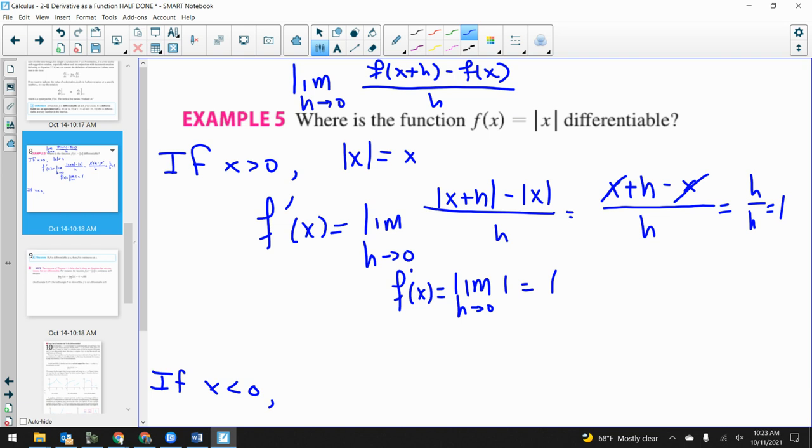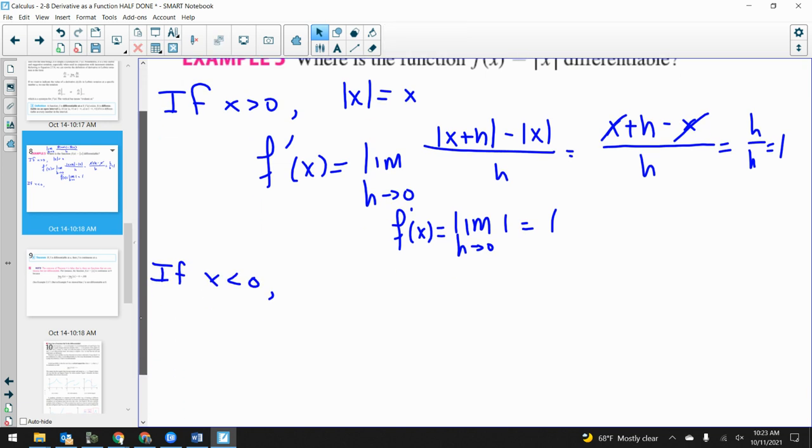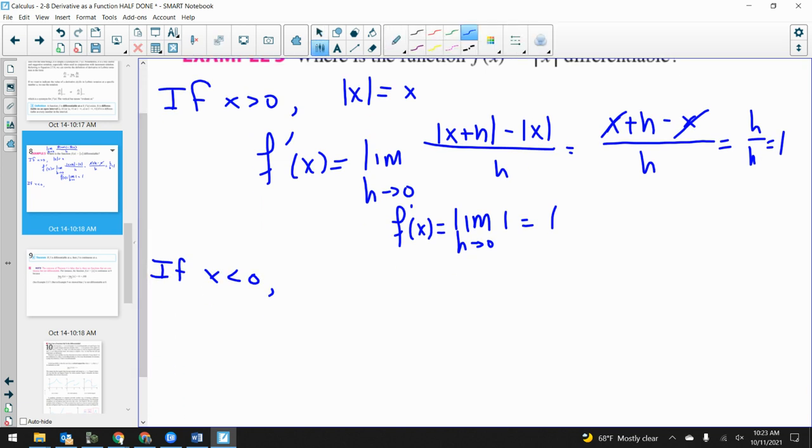Think about it in terms of the other side of the graph. If x is less than 0, then the absolute value of x is really equal to negative x, right?